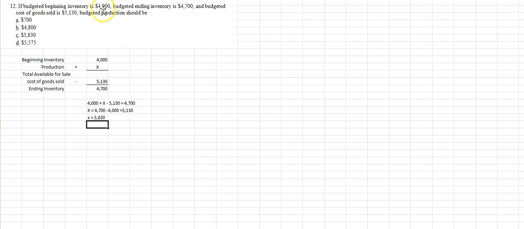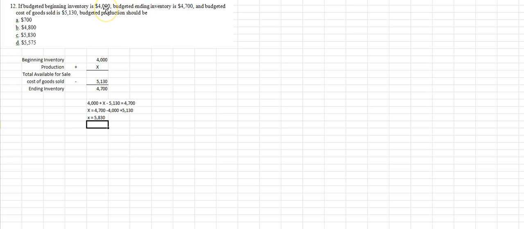It says if beginning inventory is 4,000 and ending inventory is 4,700, then what is this telling you? It's telling you that I want to produce 700 more than what I sell, right? That's common sense. If you want your inventory to go up by 700, then you must produce more than you sell.